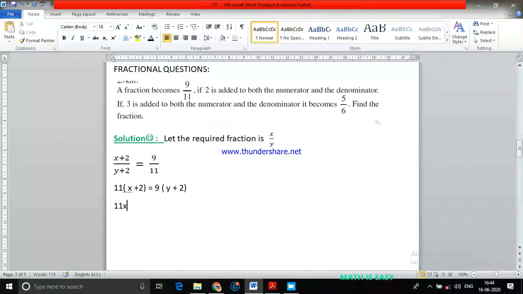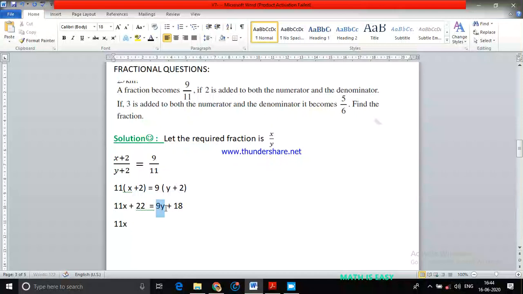11 into x is 11x plus 11 into 2 is 22 will be equal to 9 into y is 9y plus 9 into 2 will be 18. Okay. Now what you do is bring this 9y plus 18 to the left hand side and see how the equation will become 11x.